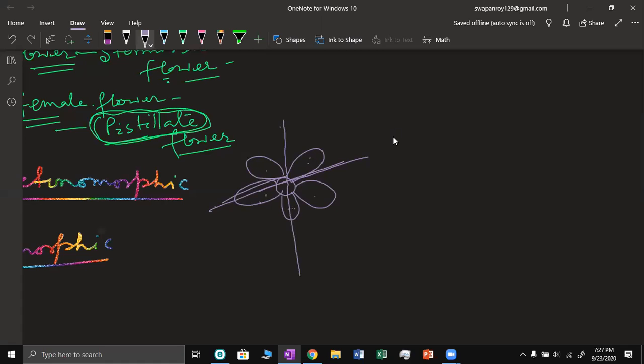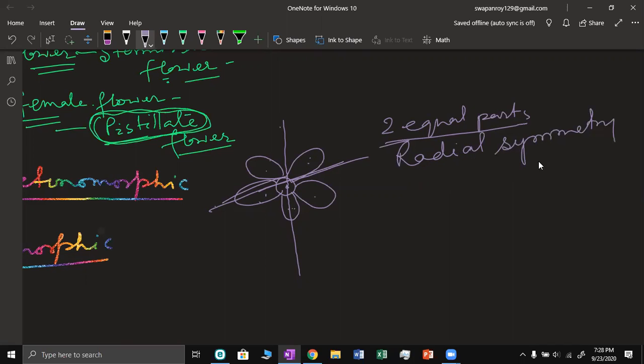So a flower that can be divided into two equal parts through any plane, with the sectioning passing through the center of the flower, has radial symmetry. A flower with radial symmetry is known as an actinomorphic flower.